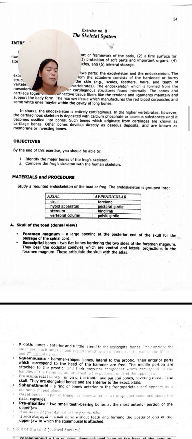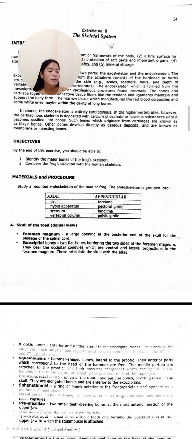A skull has different parts such as cranium, upper jaw, lower jaw, nasal capsule, eye cavity, air cavity, and hyoid apparatus. Ang skull naa siya different parts which is upper jaw, lower jaw, and etc.